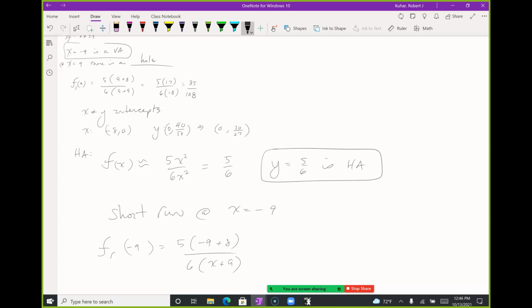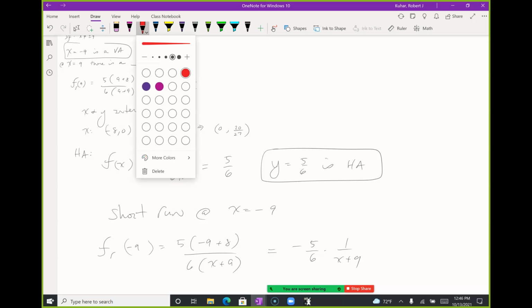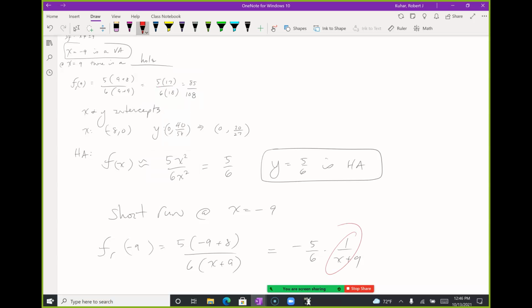I can't plug it in to the x plus 9 because I'll get a 0 downstairs. So I get a short run behavior of negative 5/6 times 1 over x plus 9. So I'm seeing the behavior of negative 1 over x. I should see the behavior of negative 1 over x.